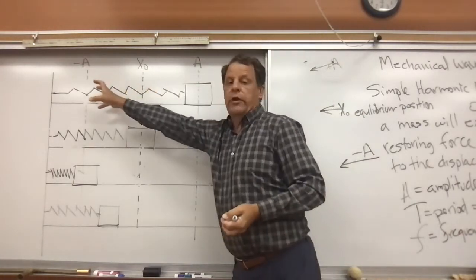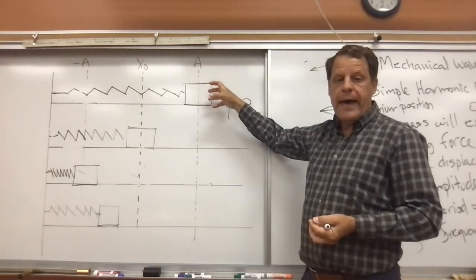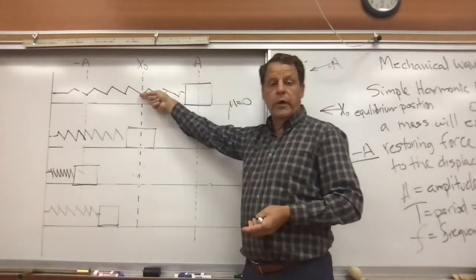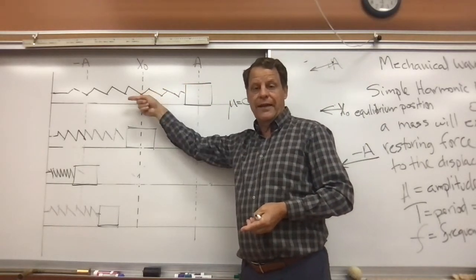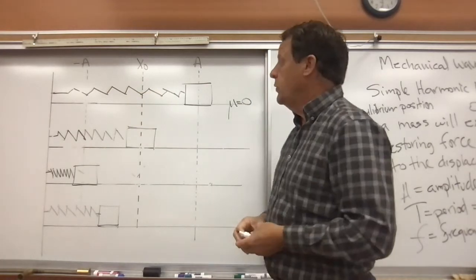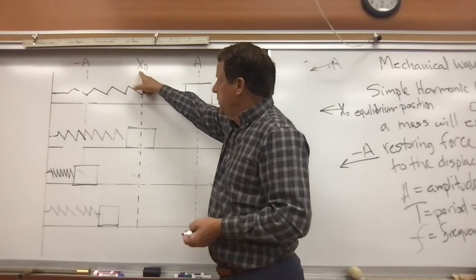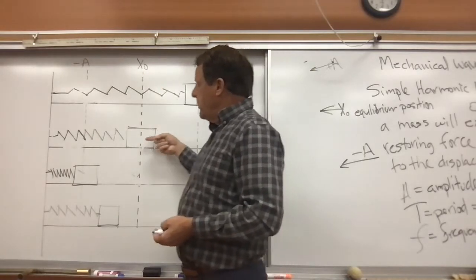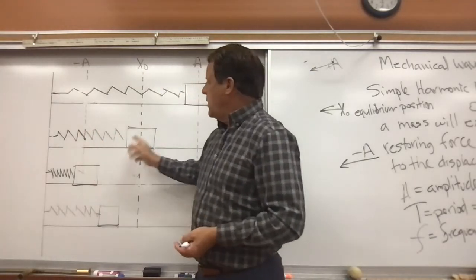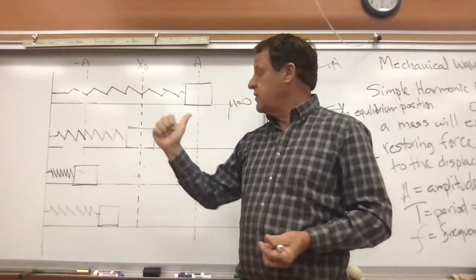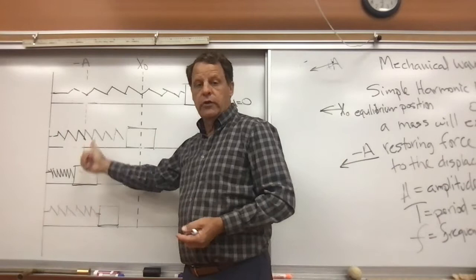And so now we're going to think about pulling this mass this way. And now there's a restoring force taking it back to the left. And as it goes through the equilibrium position, its momentum is carrying it through. And now as it goes through this way, the spring is pushing back against it. So eventually it's going to slow down.